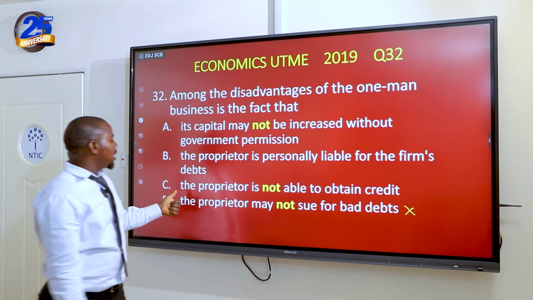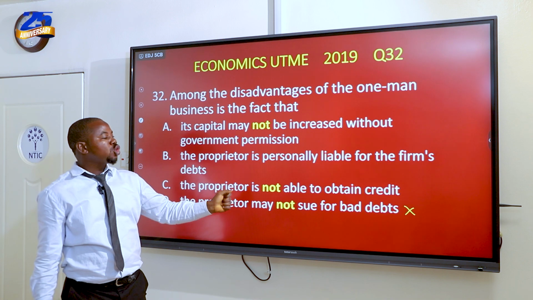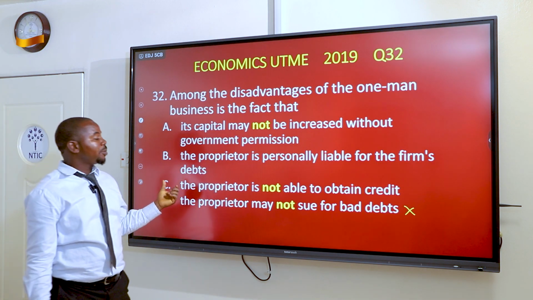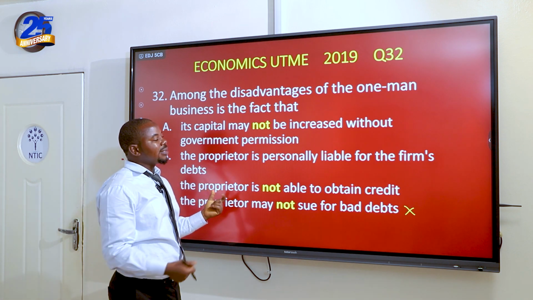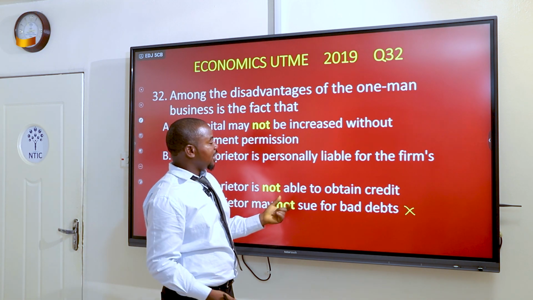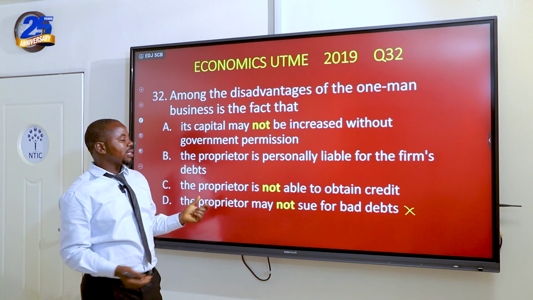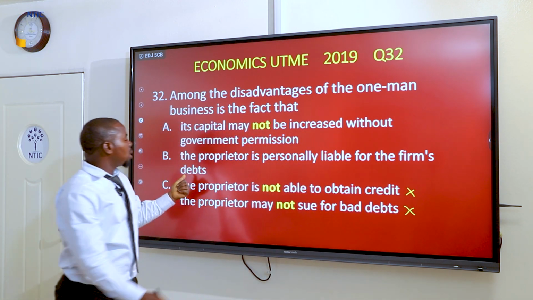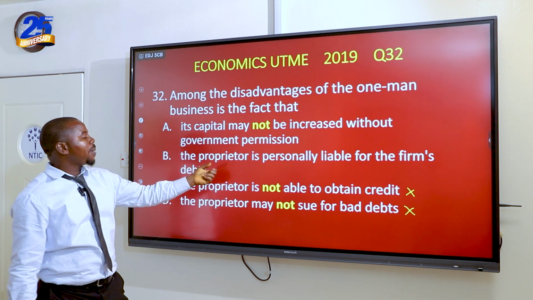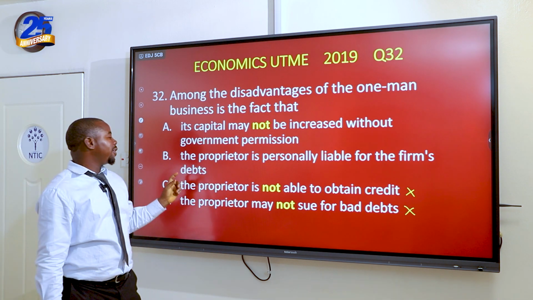Then the next thing is the proprietor is not able to obtain credit. Of course, they can obtain credit through friends, through aids and grants, through other financial institutions like banks. So this one is also not correct. Then the next option, the proprietor is personally liable for the firm's debt.